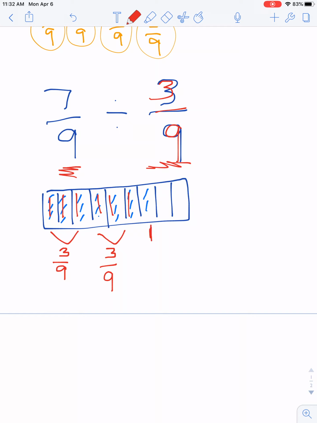I have one section left over, but how many sections do I want to make a full group? I want all 3 of those to make a full group, so I only have 1 out of the 3 that I want. So I have 1 full group, 2 full groups, and then 1 left over. So my answer is going to be 2 whole groups and 1/3.